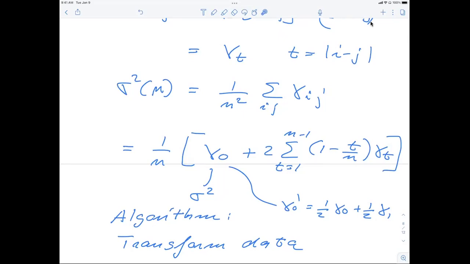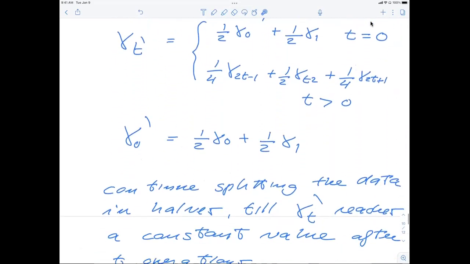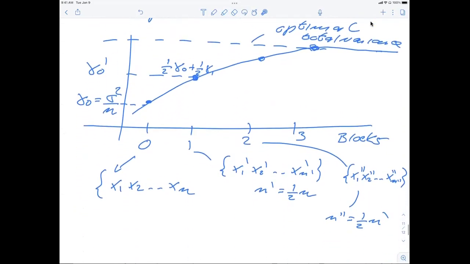And the second term produces a result which is close to zero. So it's a way to figure out what is the kind of distance between measurements, so that you can claim that these measurements are to be considered as independent and identically distributed. So this is the essence of the blocking method. And it is a cheap way to evaluate the standard deviation when you have a large data set.